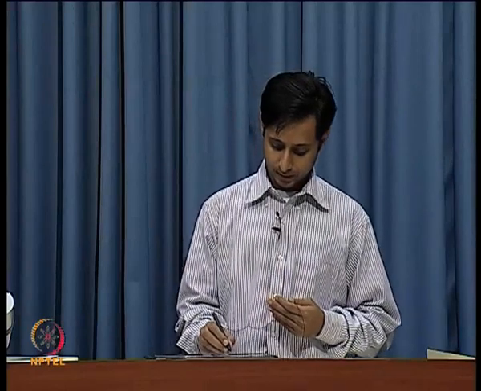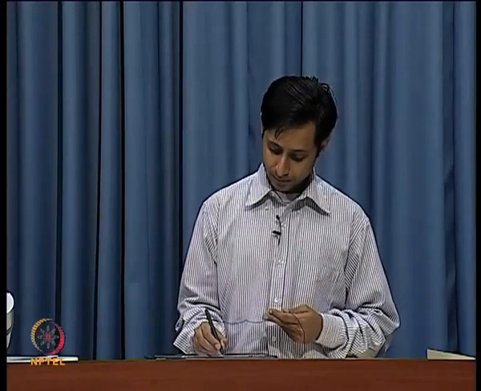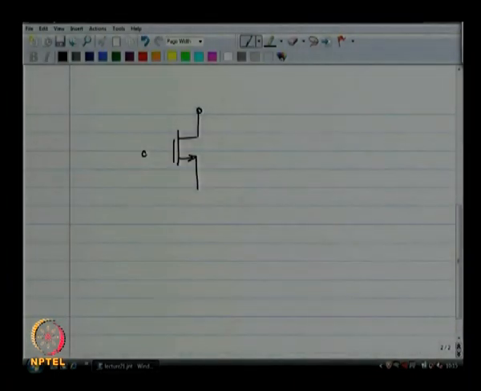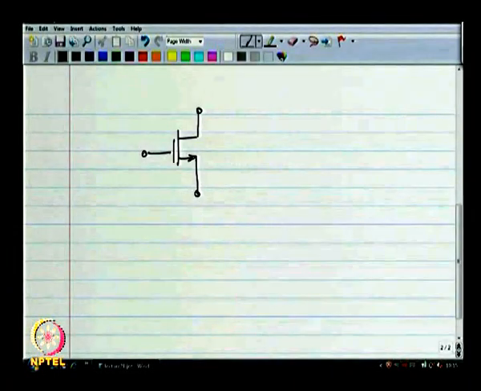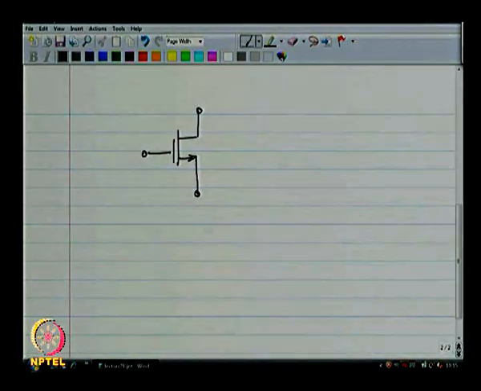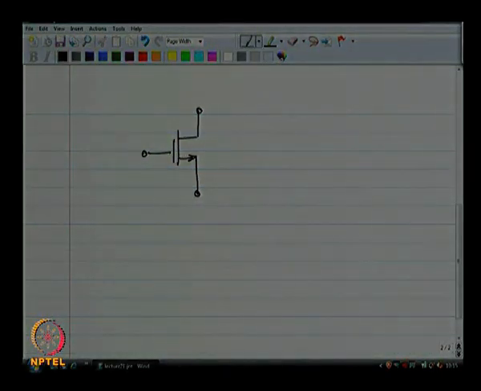As far as I remember, we ended the previous class on this note: if you have a MOSFET, this is your MOS device, maybe there is a body, I am just omitting the body for convenience, it does not matter. The channel is really something like a resistor, like a wire which is filled up with electrons.